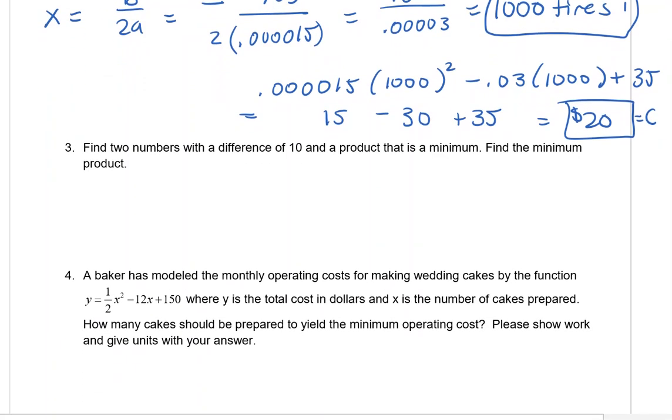So next one. Find two numbers with a difference of 10 and a product that is the minimum. Interesting. So if the two numbers have a difference of 10, that means x minus y is equal to 10, so x is 10 plus y. And the product of them is going to be x times y.